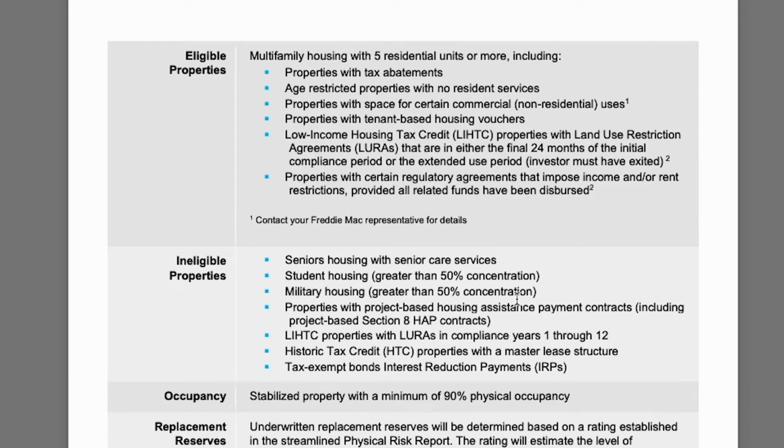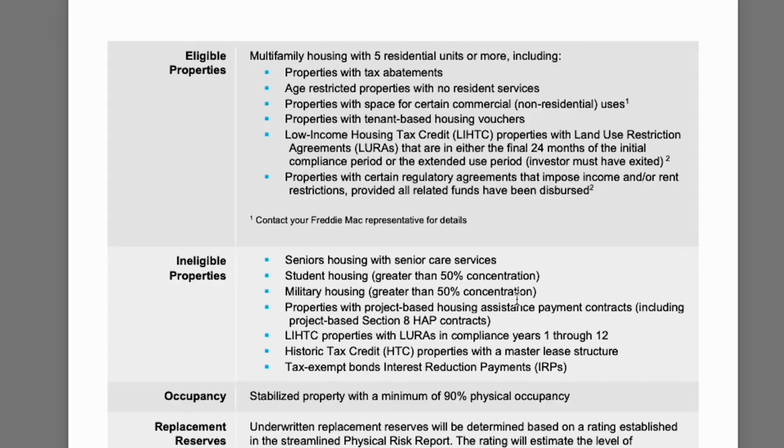You cannot buy LIHTC properties that are in compliance within years 1 through 12. You only can buy those properties if they're in the last 24 months of that LURA agreement. You cannot buy historic tax credit properties with a master lease structure. And you cannot buy tax exempt bonds, interest reduction payments.